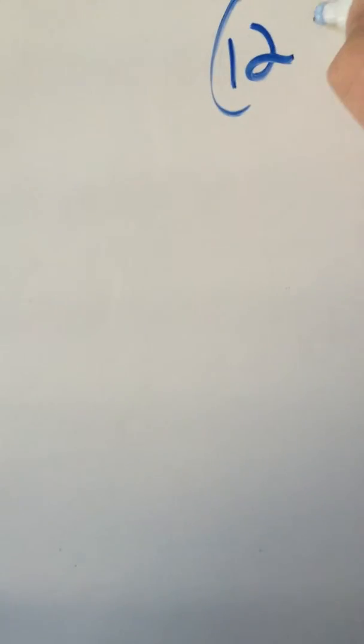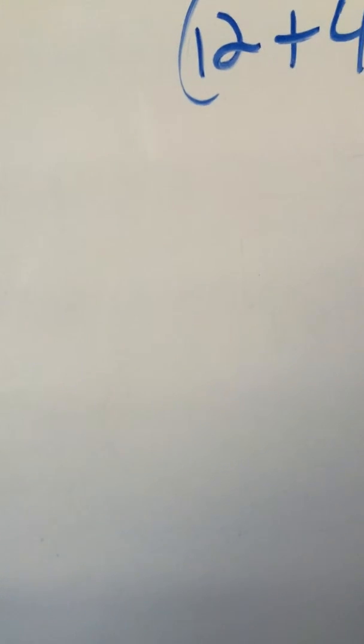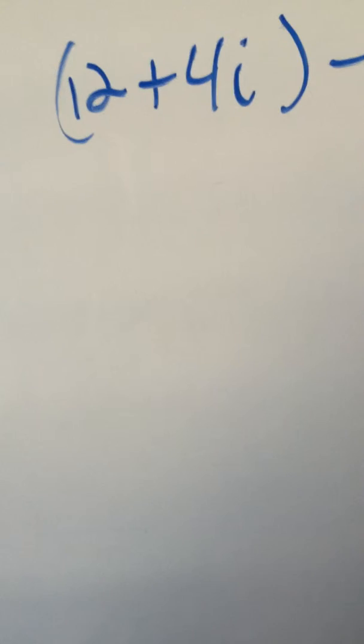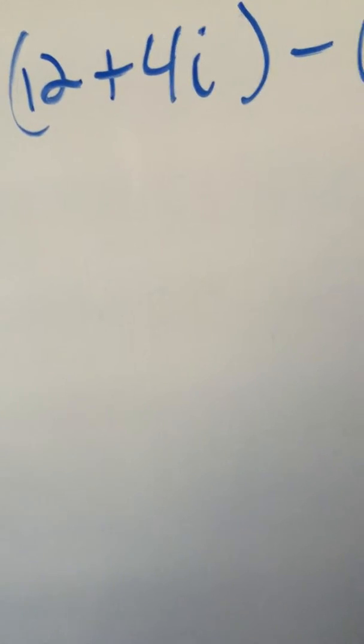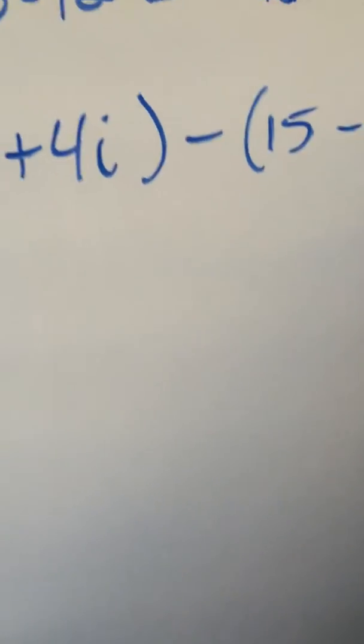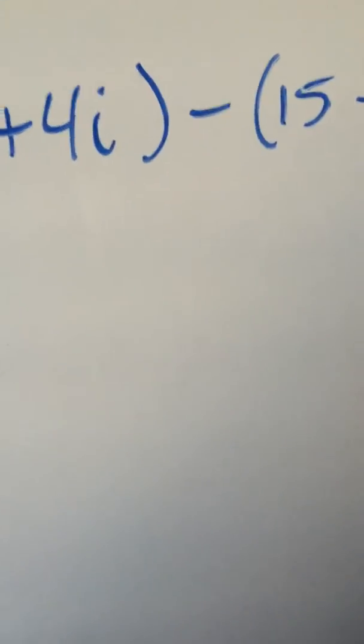Next thing is we subtract. So 12 plus 4i minus 15 minus 2i. This negative changes everything in the second term.